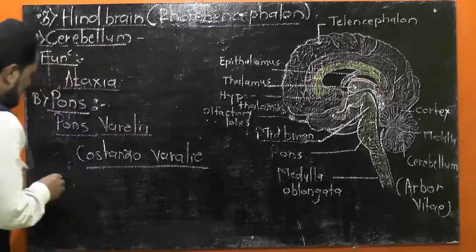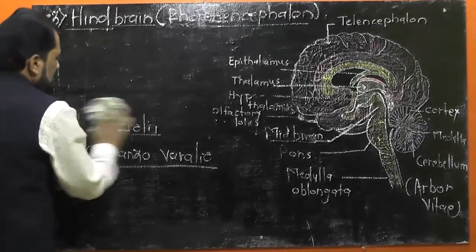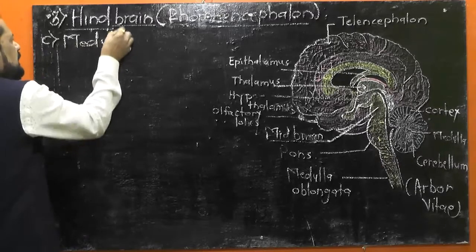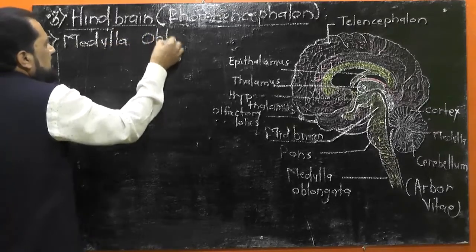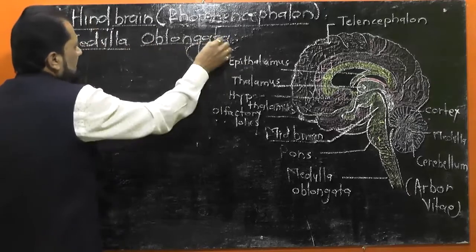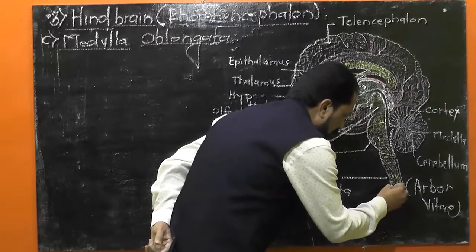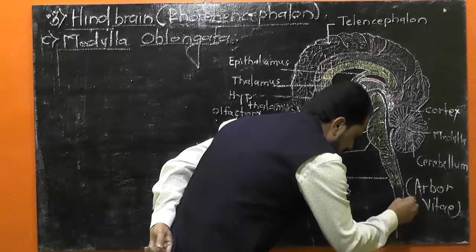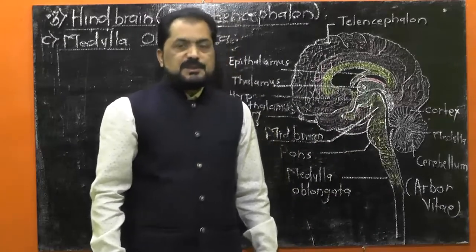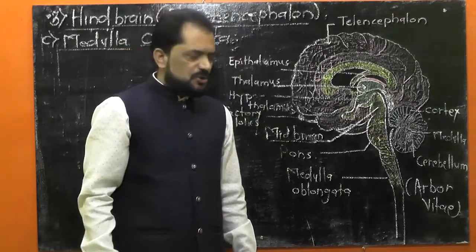Now come to the next and third part of hindbrain, that is medulla oblongata. Medulla oblongata is the posterior most part of the brain and it is present in between pons varolii and spinal cord. Consider here is supposed to be the spinal cord, another component of central nervous system about which we shall talk in our next lecture.